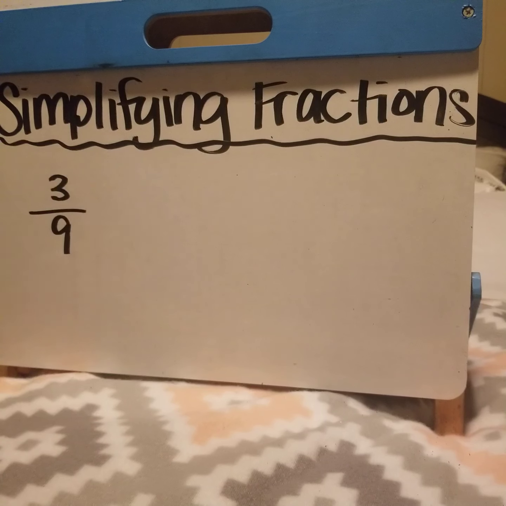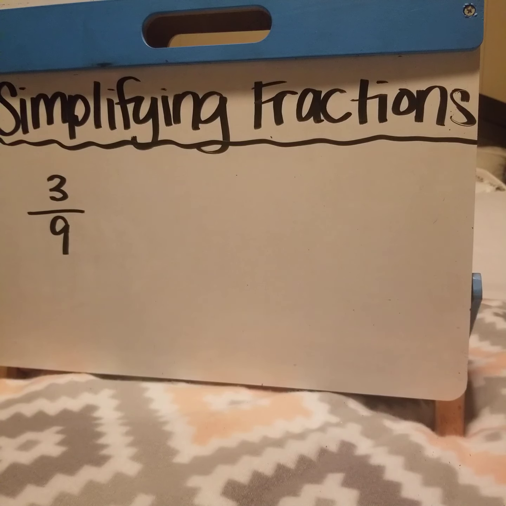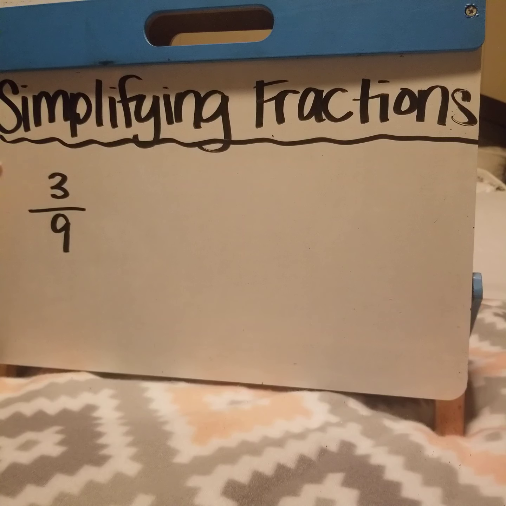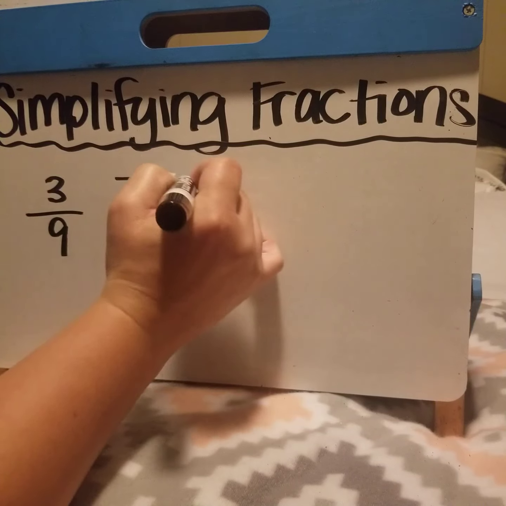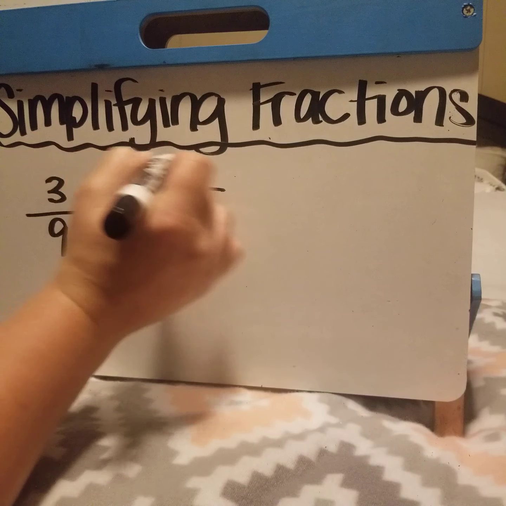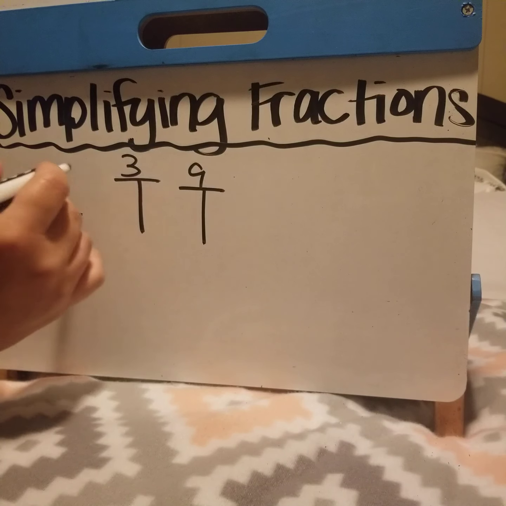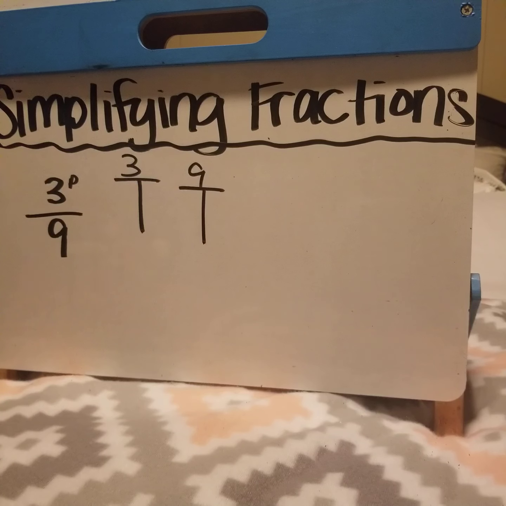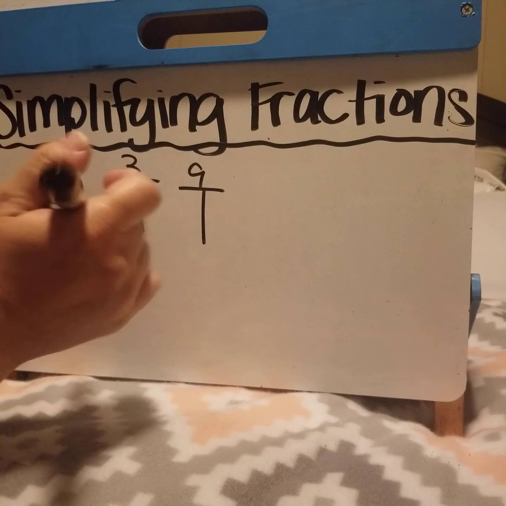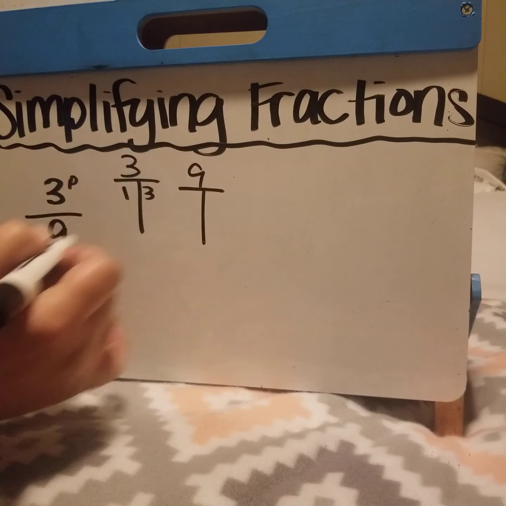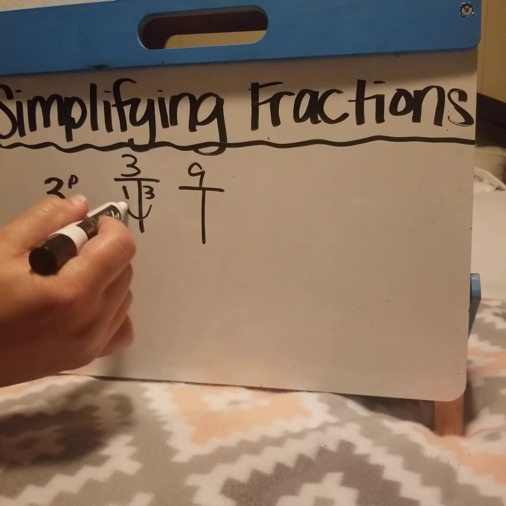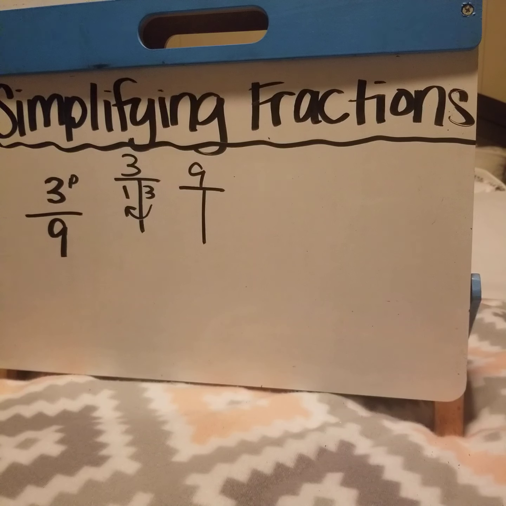3/9. Okay, so 3/9, we would call it a proper fraction because 3 is less than 9. So I would do my factor trees for 3 and for 9. So I know 3 is a prime number, which means that it only has factors of 1 and itself. So to get the 3, I do 1 times 3. And then it's a factor U-turn because those are the only 2 factors that it has.